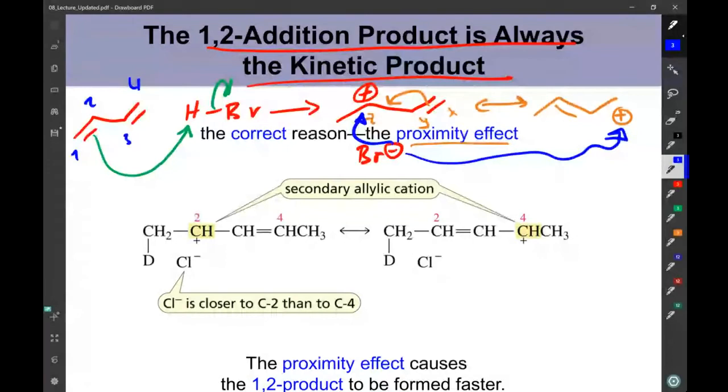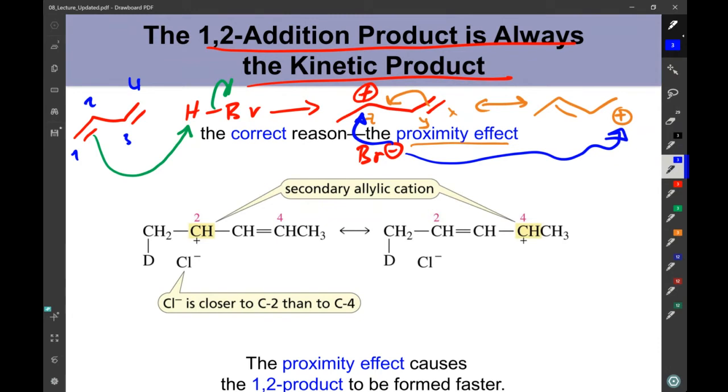Does that make sense? So the carbocation that is formed first has a chance of reacting first before the carbocation that has to undergo a rearrangement. The time taken for it to undergo the resonance, that's what disadvantages the thermodynamic product. I hope that makes sense.